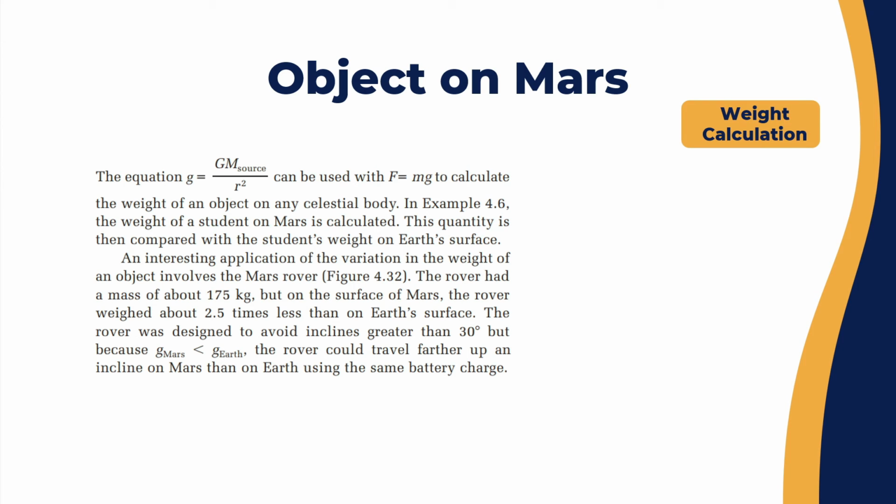The rover weighed 2.5 times less than on Earth, so scientists put that in mind and calculate the motion and how much energy, and how strong the motors and the wheels and the structure used for that rover need to be, and the inclination of the surface, and all those details are always being calculated for spaceships and space robots.